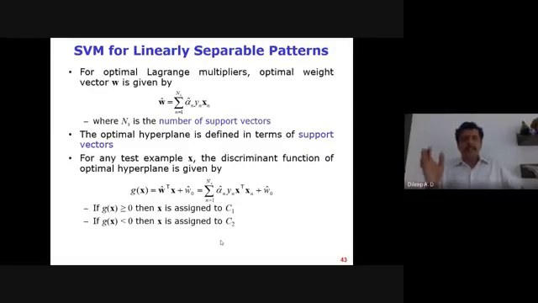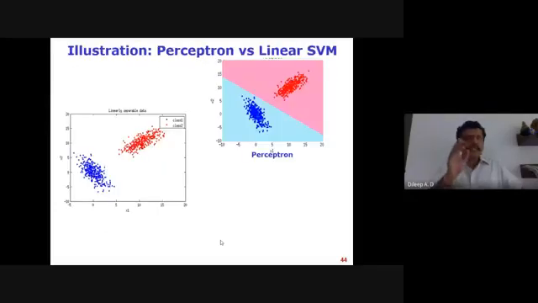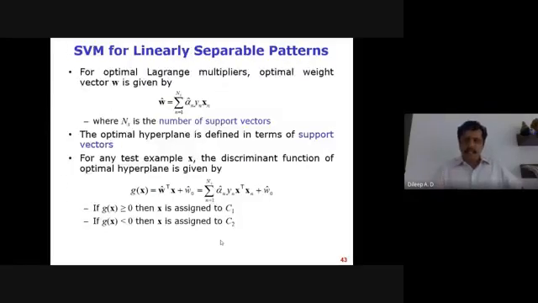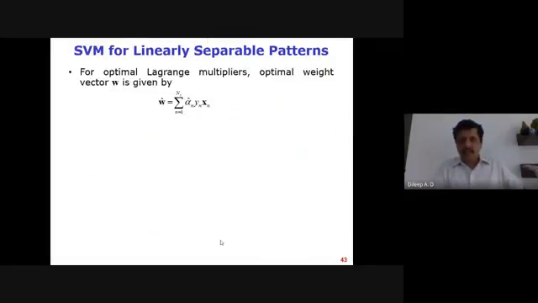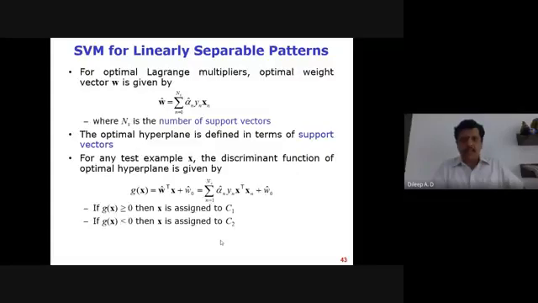So this is what the support vector machine does, by which it guarantees that the region of separation between the two classes is in the center. The optimal separating hyperplane has the maximum margin. You can see this pictorially in the illustration.